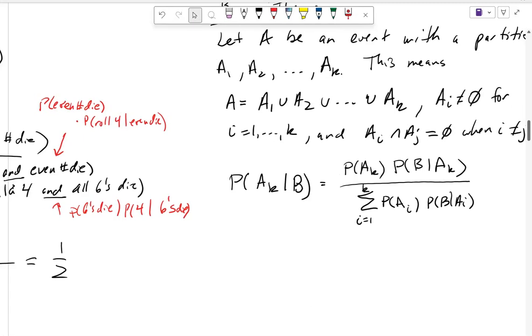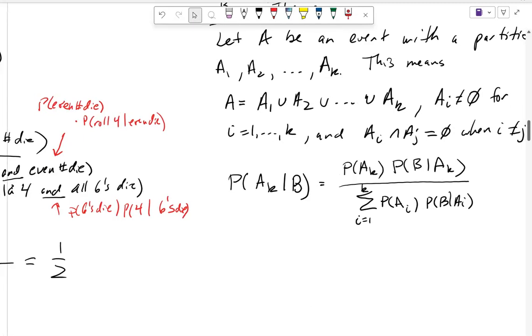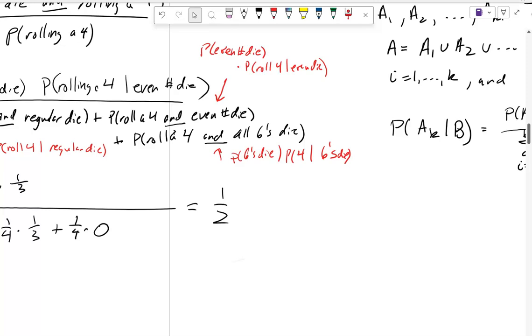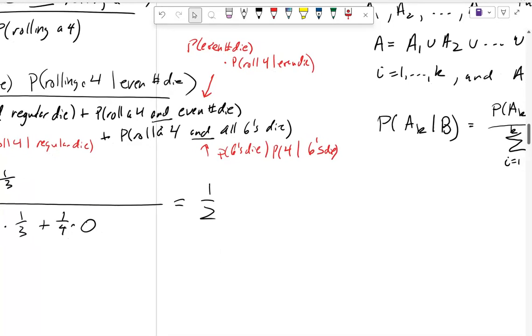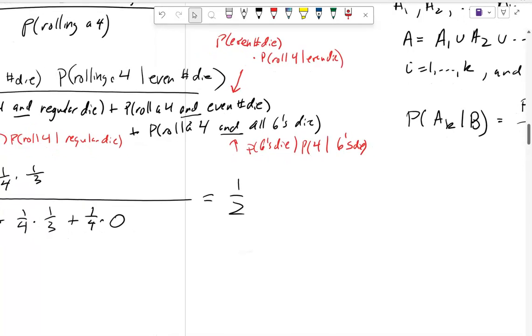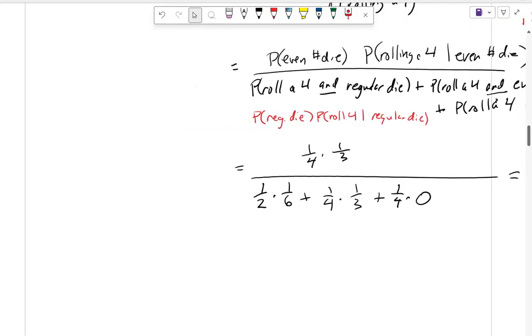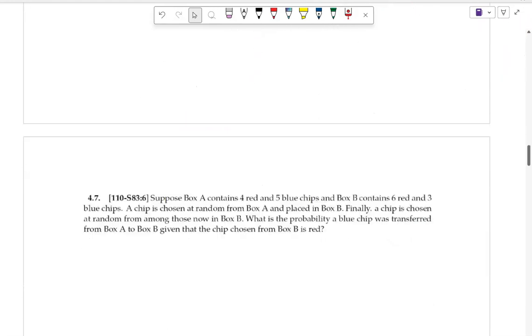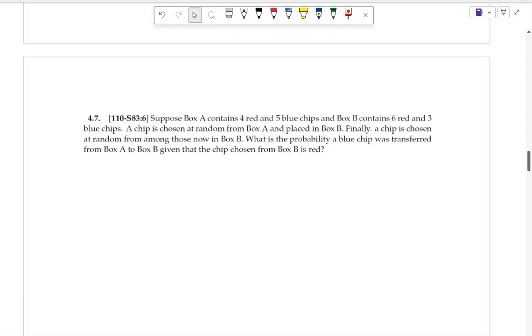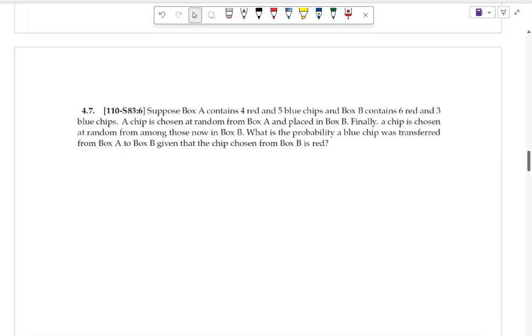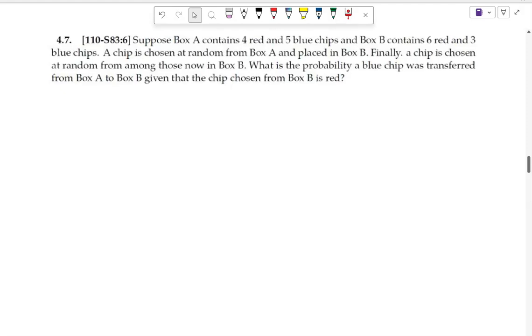So in any event, let's just go back and do some problems. We need to add something to know when we want to use it. When you want to use it, it's always when you're trying to calculate a conditional probability, but it feels backward. All right. So let's do another one here. Hopefully, I'll make a little bit more sense of what I mean by that as we go. And I apologize for messing that up. It happens from time to time.